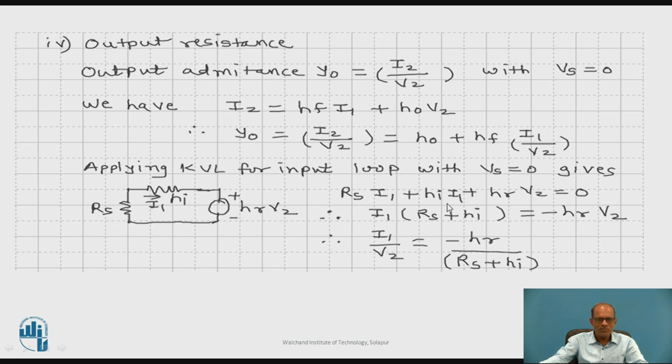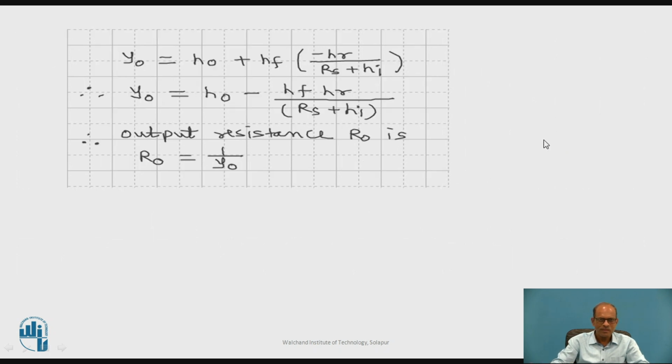Now collect the terms of I1 on one side and the remaining term on the other side. So I1 in the bracket Rs plus hi equals minus hr V2, and therefore I1 by V2 is minus hr upon Rs plus hi. This value of I1 by V2 is substituted in this equation to obtain the output admittance.